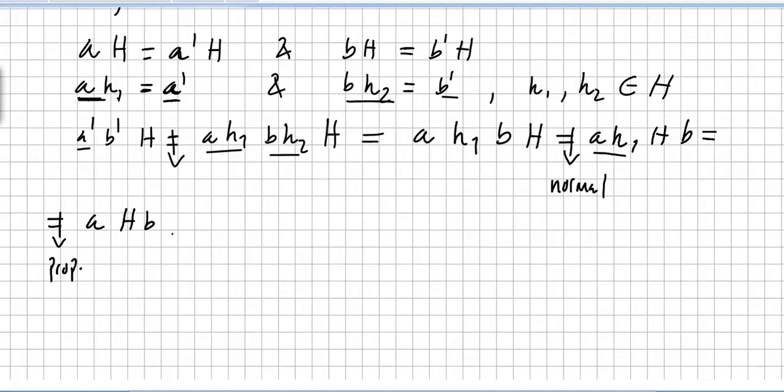Okay, but this is a normal subgroup, so this will be A B H. So we use that second property, and we also use the fact that H is a normal subgroup of G. And now to check that this is a group, the rest of this is really easy, because the identity H times H equals H, so this is the identity, right?